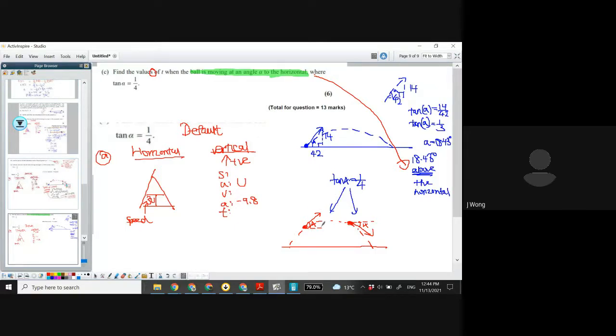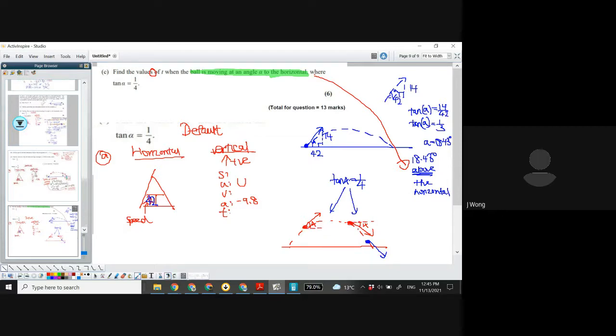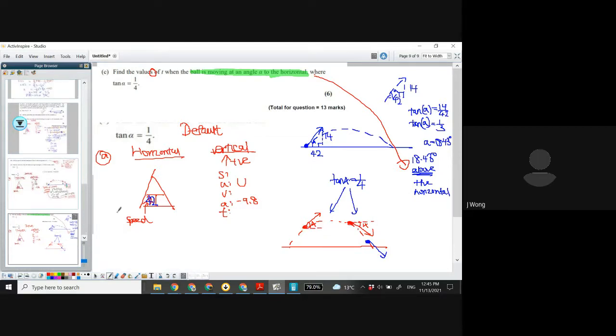Again, using the default setup, we know that this is 42. No matter where I draw the direction vector, this component here is always 42, because this is the way we modeled the projectile motion.